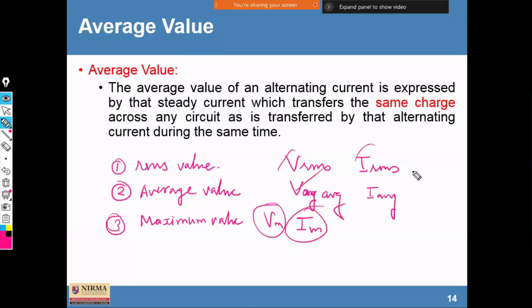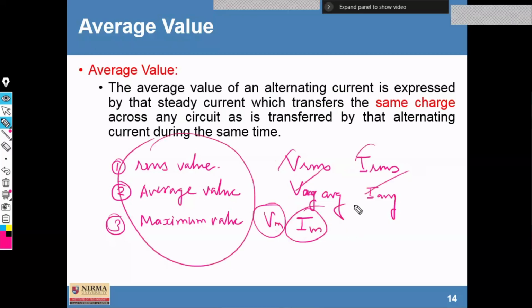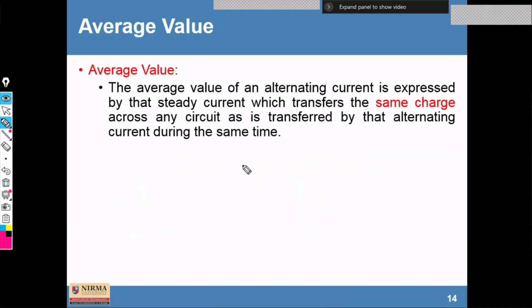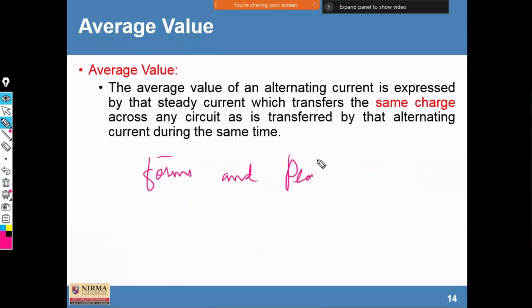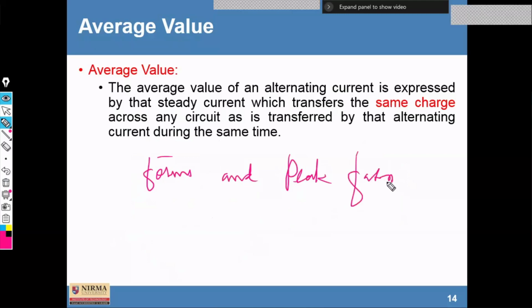Fine. So these are the terminologies which are used, and based on this, by taking various ratios, there are different forms which are known as form factor and peak factor.